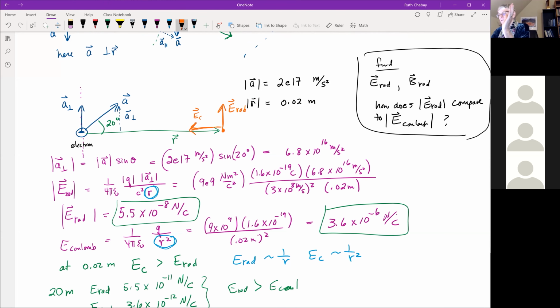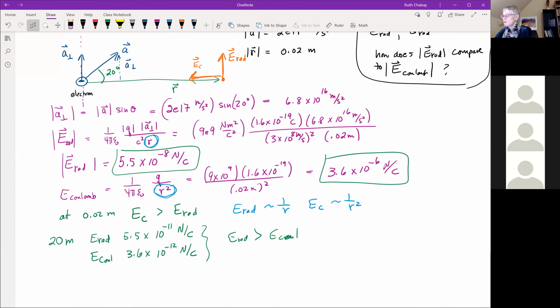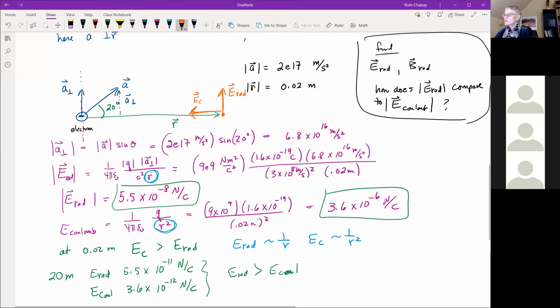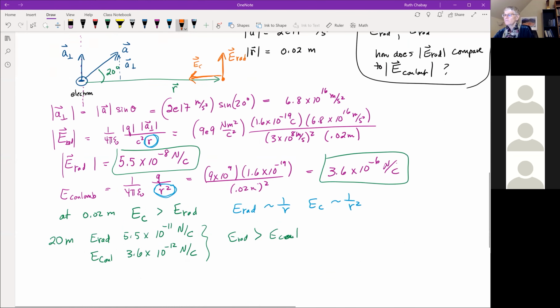So the net field is the sum of those two things at that observation location. What the observer would see, for most of this time, is just the Coulomb electric field until the pulse passes. While the pulse is passing, we're seeing a net field that way. And then the pulse has passed, and so we no longer have that field.